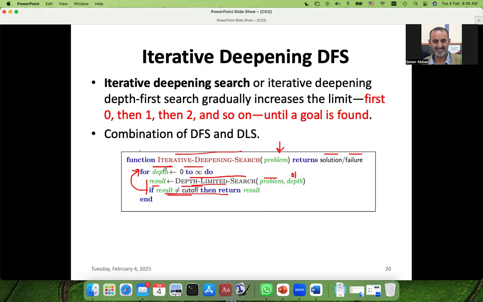And now the depth will be 1. You are calling this depth limited search again with depth 1.